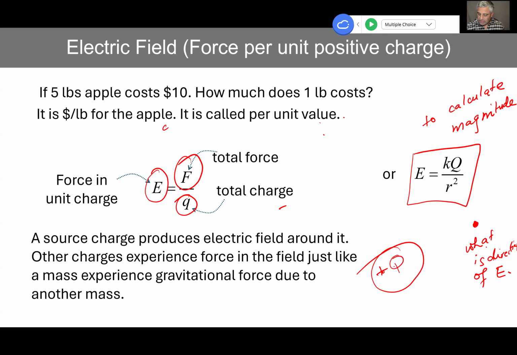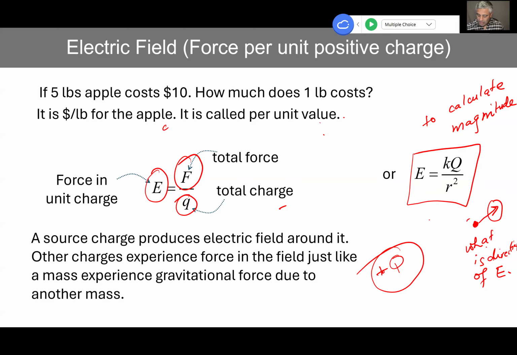So if this is a positive charge, what's going to happen? If I bring a test charge here, which is always positive by convention, it's going to experience force that way. So the direction of force is that way, meaning the direction of the field at that point is also that way.